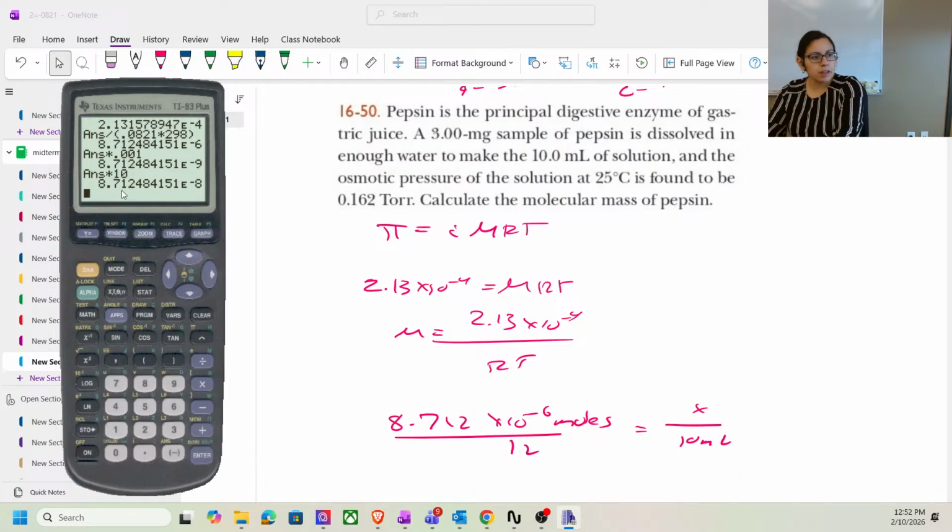All right, so then we have 8.712 times 10 to the negative 8 moles in our amount. So then we can take our 3 milligrams, so 0.003, divided by our moles. So we get our grams per mole of about 34,000.